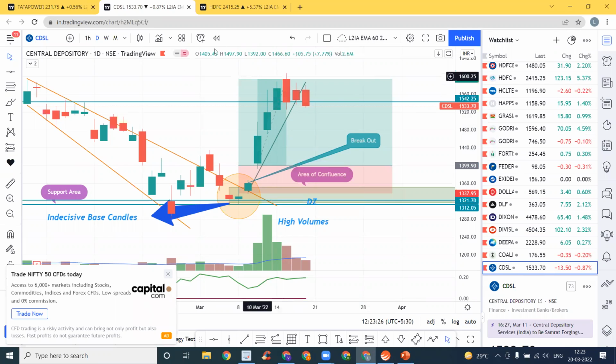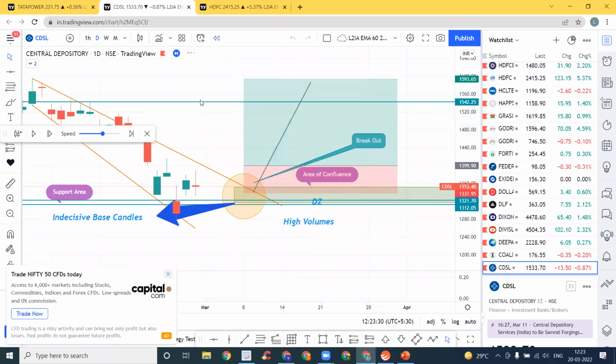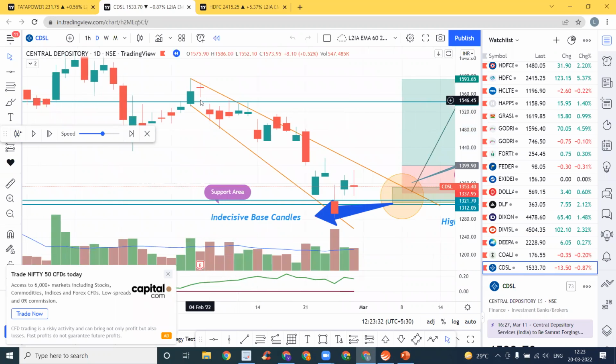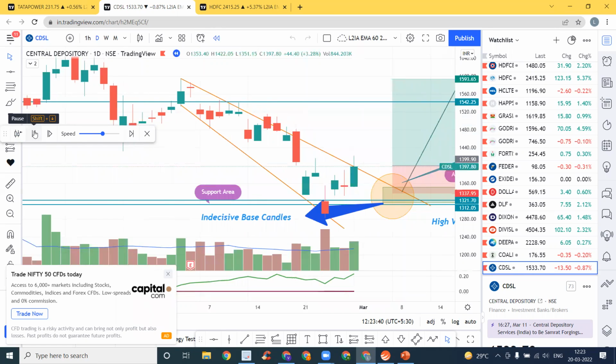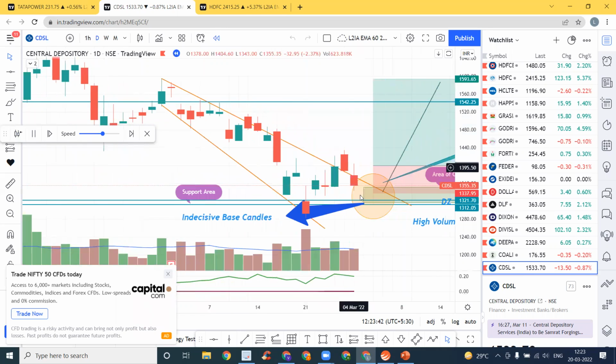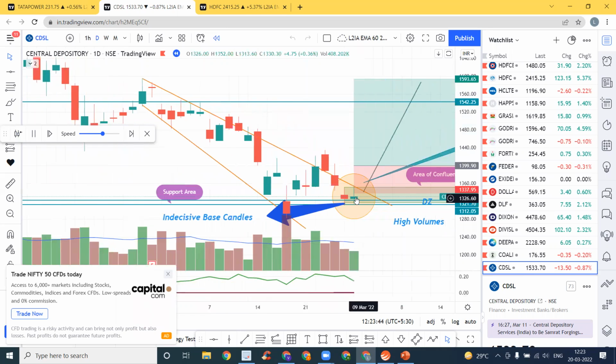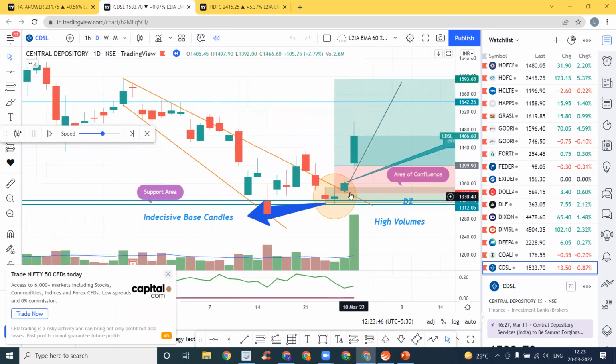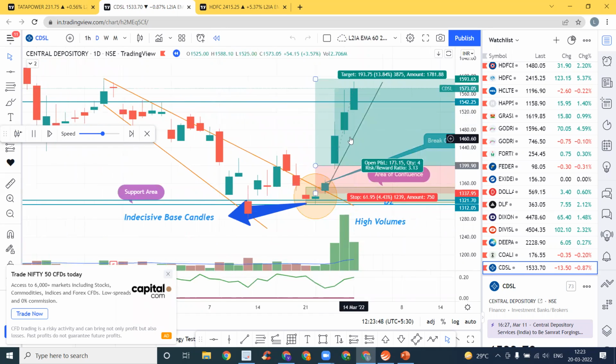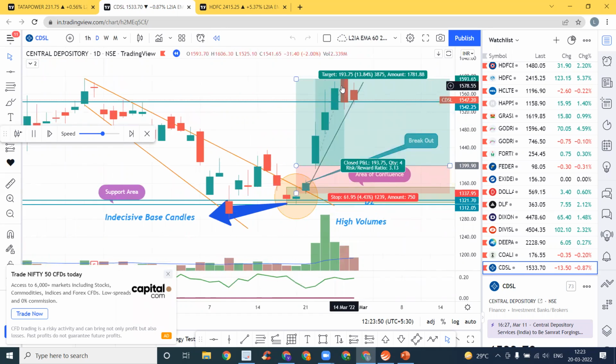So if I take this kind of trade, see the steps in which I'm showing you the trade. Just now I am at this level. I've taken my break over here. Now I am moving the candles. Here the candle moved up, came to the confluence, here I took the trade, it went up and here I exited.